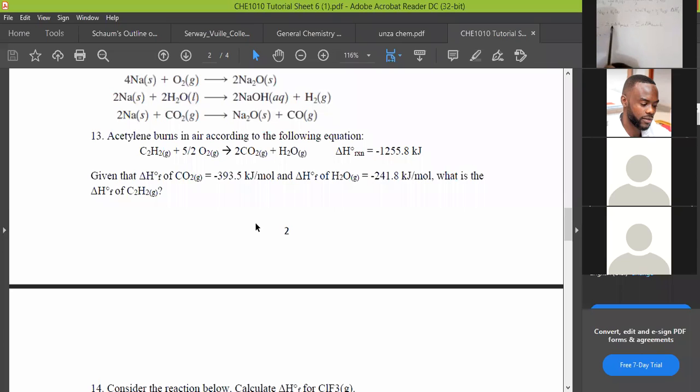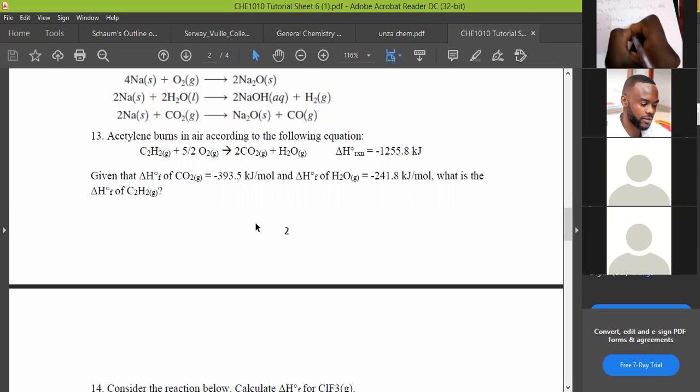This n on your formula represents the number of moles of each that you're using. For carbon dioxide, you have 2, so it's going to be 2 multiplied by the standard enthalpy change of formation of carbon dioxide, negative 393.5, plus the standard enthalpy of formation of gaseous water. How much is produced? Just 1.